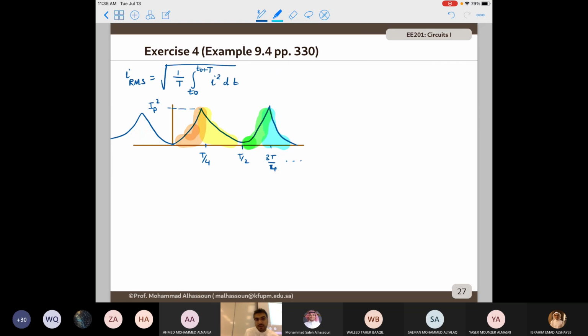So instead of running the integral from 0 to T, let me run it from 0 to T over 4, and then multiply whatever value I'm getting by 4. Here I'm going to simplify it.